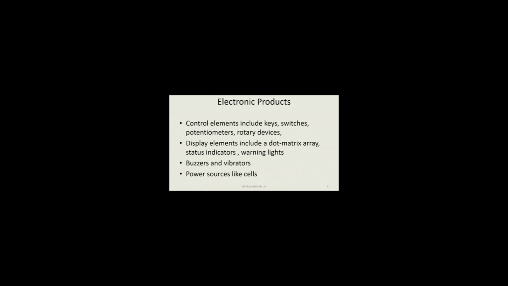Why did I say potentiometers? Because in the case of audio and mixers, typically there will be slide pots, and rotary devices can be anything which you rotate, and switches can be rotary, keys can be press and release, and you can have potentiometers and combinations of all these things.